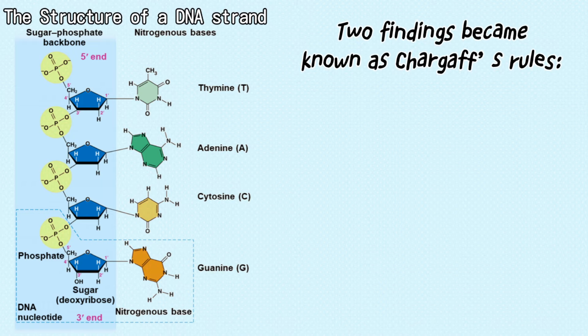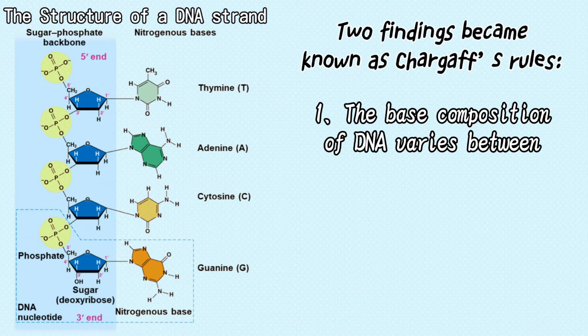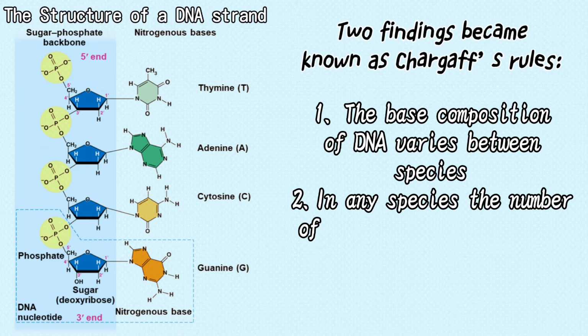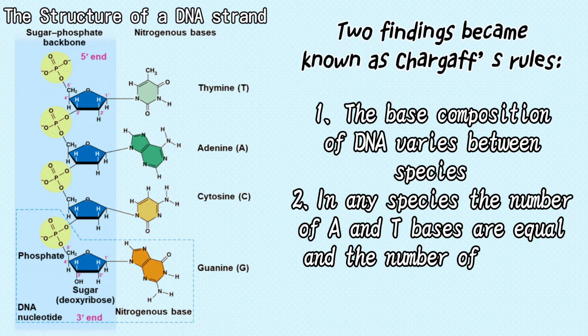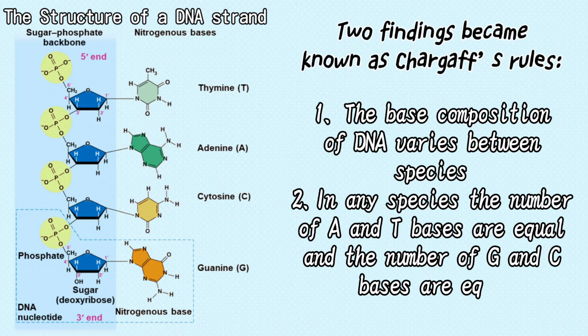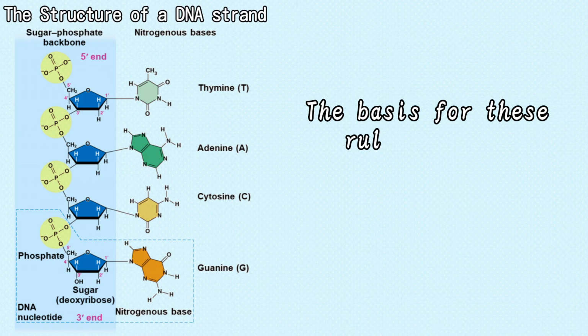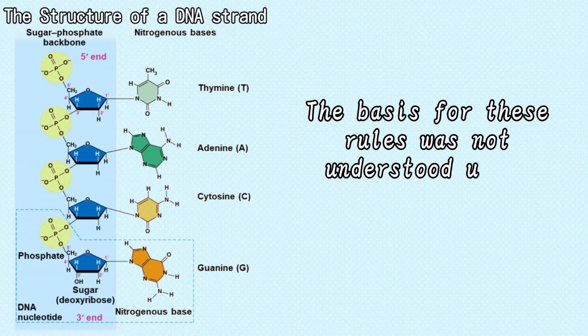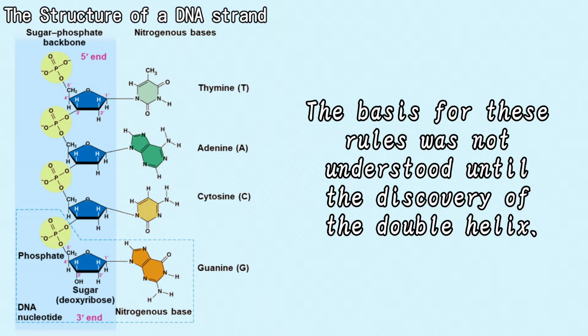Two findings became known as Chargaff's rules. One, the base composition of DNA varies between species. Two, in any species, the number of A and T bases are equal and the number of G and C bases are equal too. The basis of these rules was not understood until the discovery of the double helix.